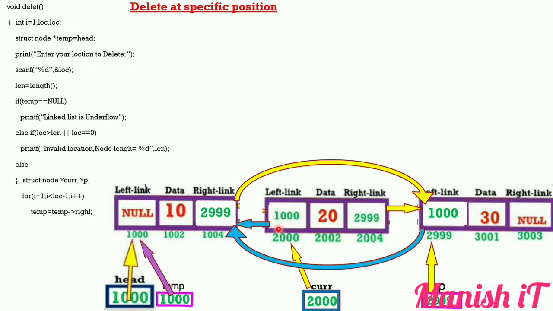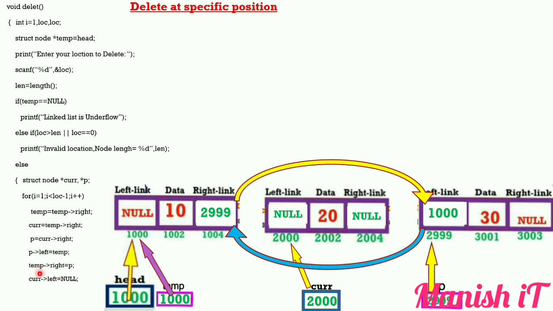Current to left is equal to null, current to right is equal to null, and after that we store its connection. So how to write our logic? See this, our logic is like this: current equals temp to right, and so on. Whatever I have been telling, the same thing I have written here logically.